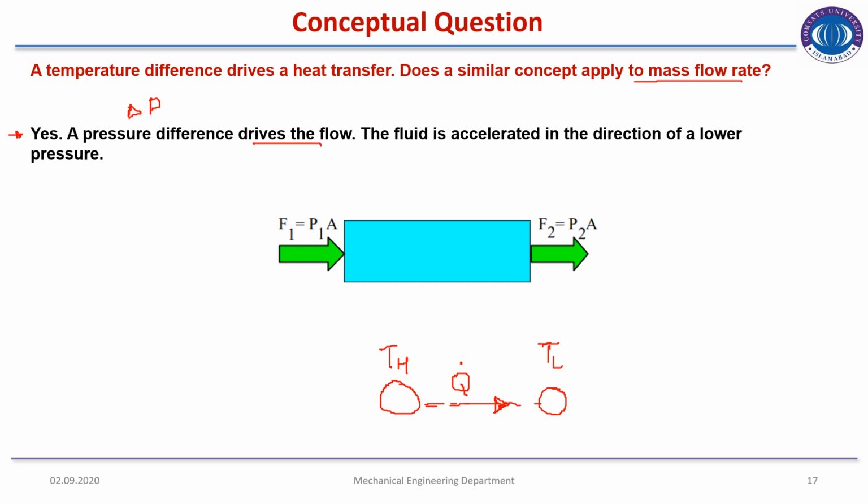So if fluid is flowing from left to right, then P1, the pressure at the inlet, should be high, and P2, the pressure at the exit, should be low. So if that pressure difference is maintained, then the fluid will move from state 1 to 2. If P1 becomes equal to P2, then the fluid will stop flowing from 1 to 2.